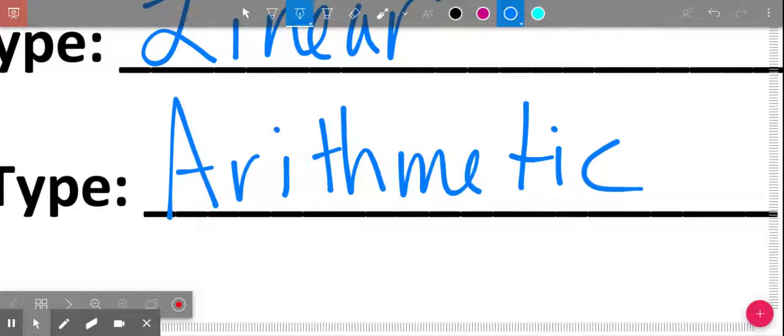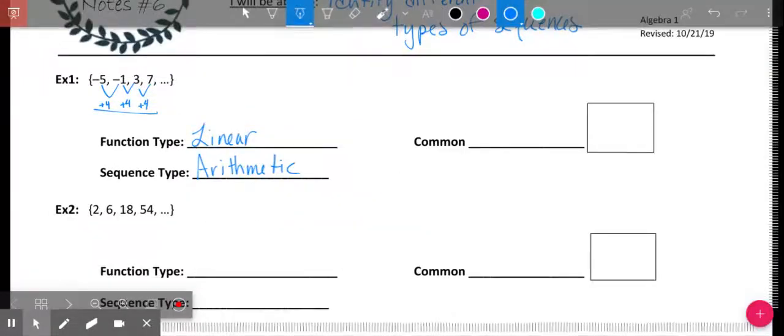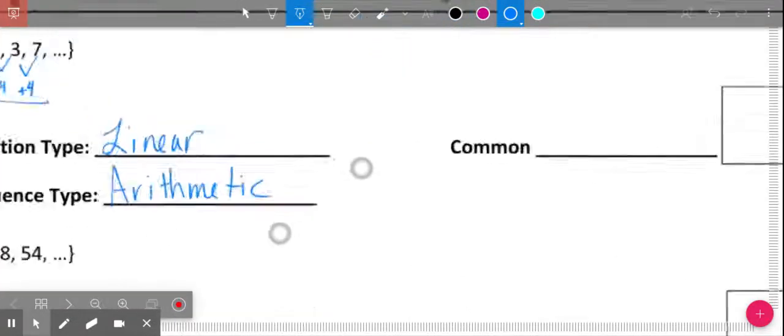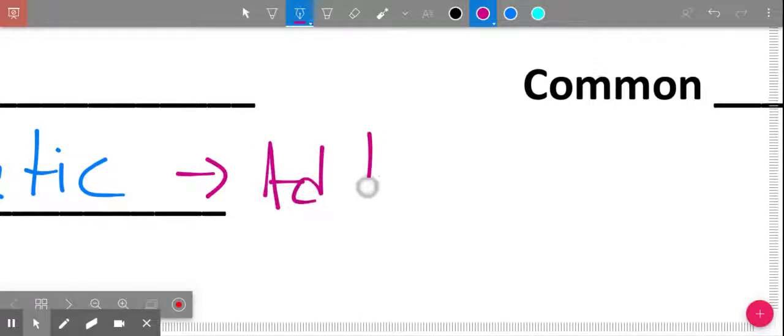It's a fun word to say. Arithmetic. Okay, so we're adding: arithmetic. Anytime we add or subtract, it's going to be arithmetic. So why don't you write that off to the side? Add or subtract.